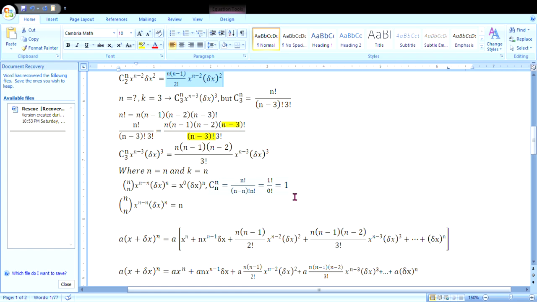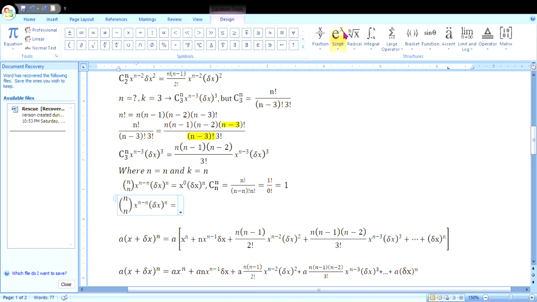So everything here will become delta x raised to the power of n.